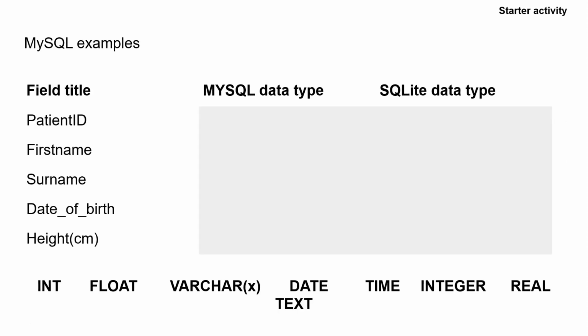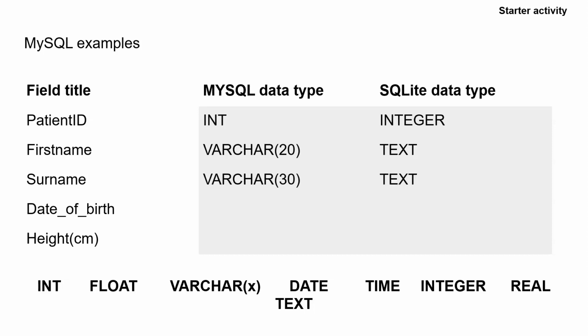As an example here, we've got 5 different fields, and we could put different data types related to them. Patient ID would be a primary key of a whole number, which is an integer. First name would be text, probably of a 20-character maximum length.